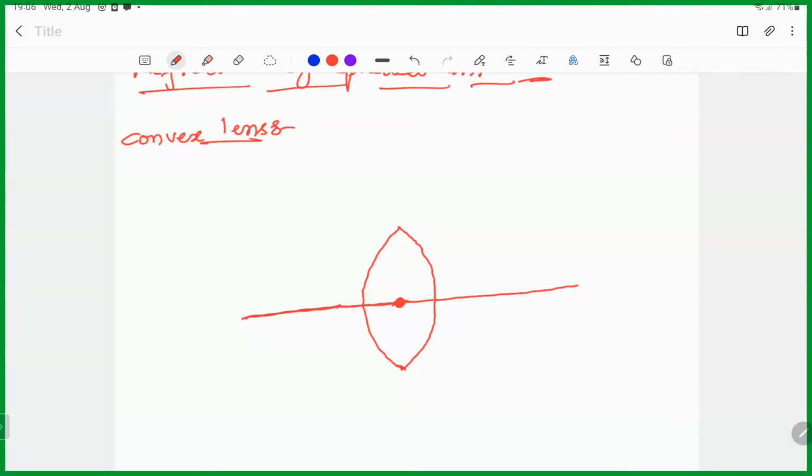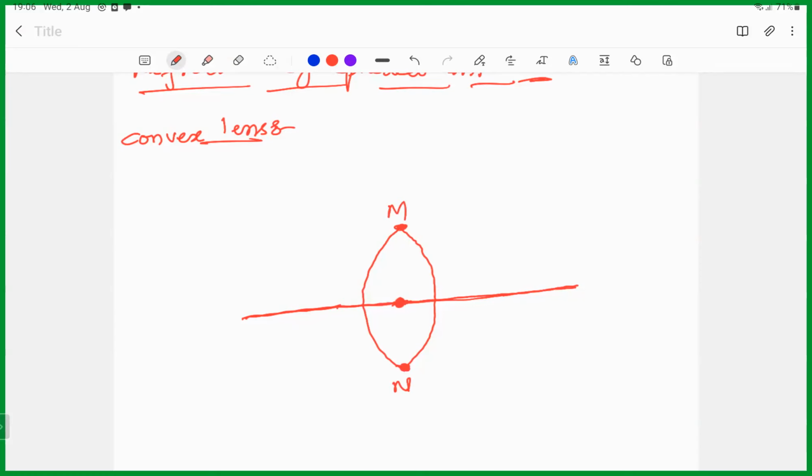The optical center. This is point M and this is N. MN is called the aperture.